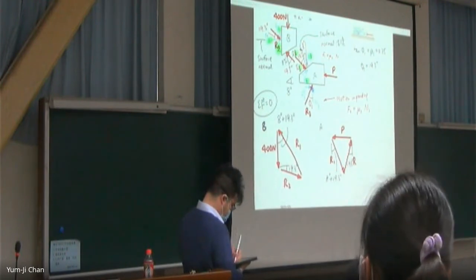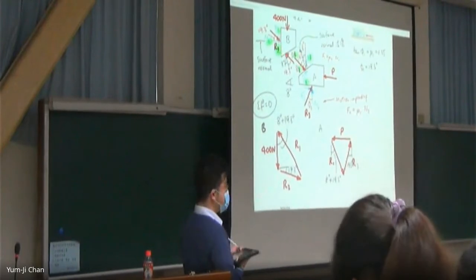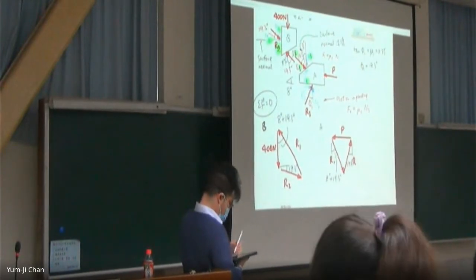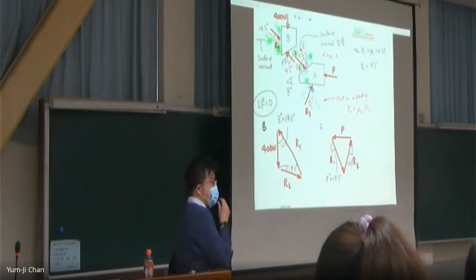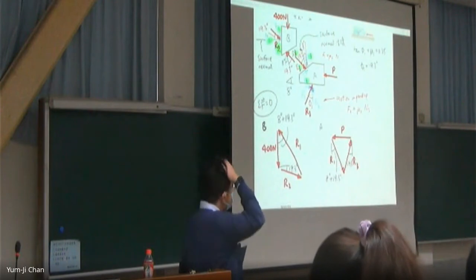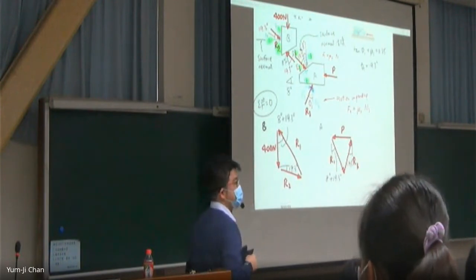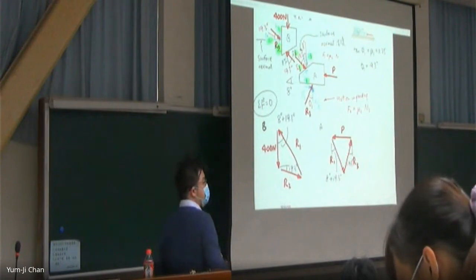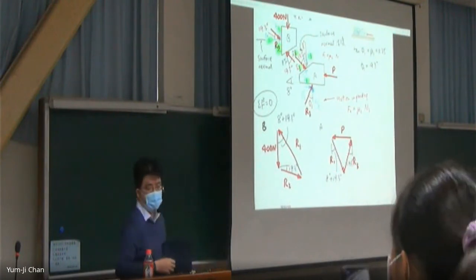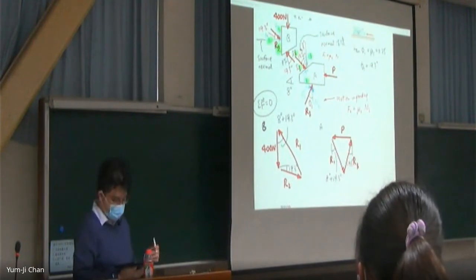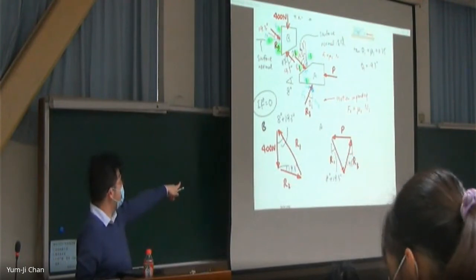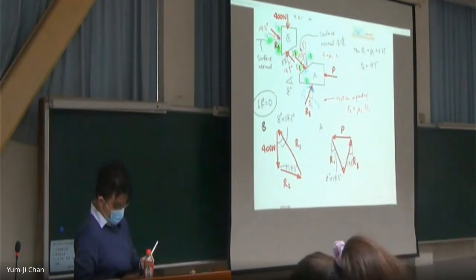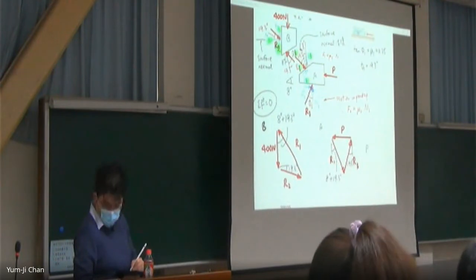Yeah, thank you. After these calculations, I assume you know how to calculate R1, R2, R3 and P. The result of P is equal to 423 Newton to the left.